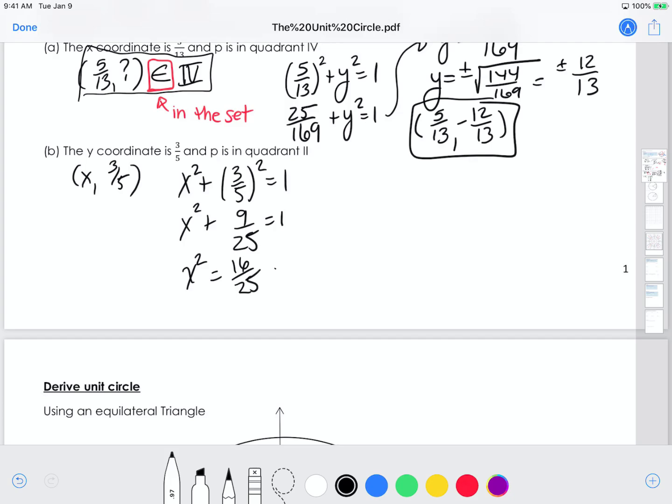And then I'm going to square root both sides. So I'm going to get x is equal to plus or minus 4/5. In this problem, it says the point is in quadrant 2. And in quadrant 2, x is negative. So my complete ordered pair would be negative 4/5 and positive 3/5.